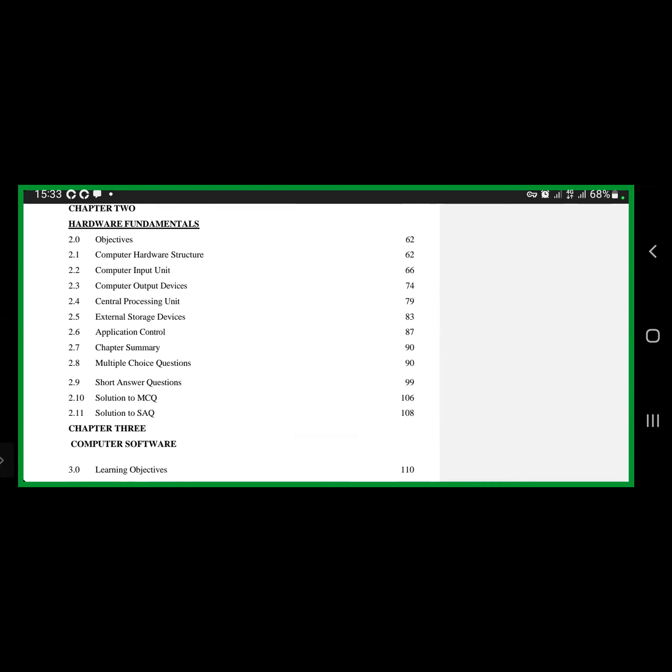So when you talk about hardware in IT, we are talking about those components that you can see and feel that allow you to do certain things using technology. For example, a laptop, which is also a computer, or a desktop, which is also a type of computer, are those hardware that assist you to do certain things.